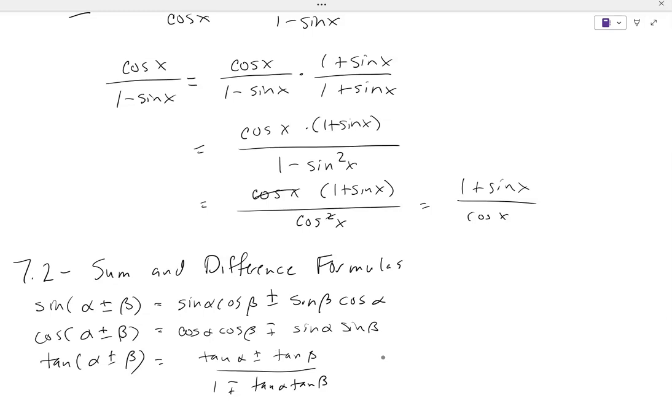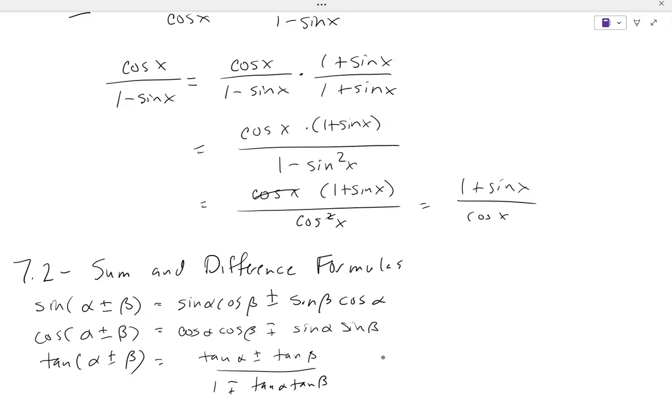All right. So what types of problems might you be asked? Well, again, notice that if you look at problems 4 and 5 on the review sheet there, you might be asked to verify an identity with a sum or a difference formula in it. Again, my suggestion would be pick the side that has the sum or difference formula in it and simplify it and see what happens.